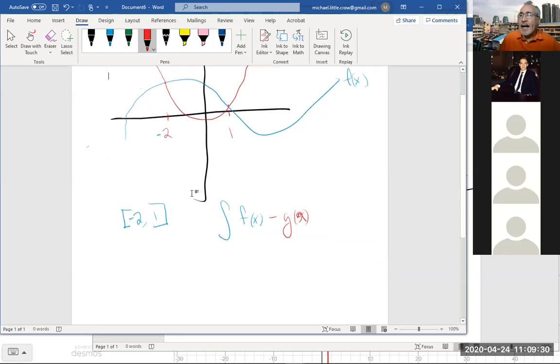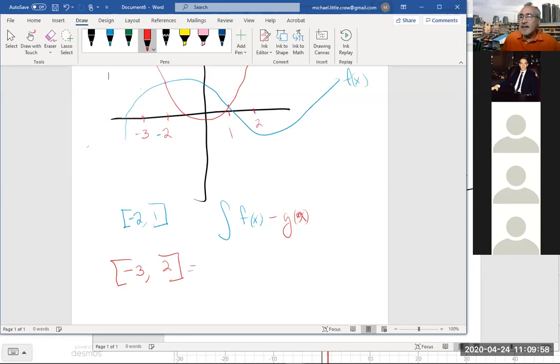So had they asked, and again, they could have done this differently, they said, well, what about the interval from -3, let's just be obnoxious, and go to 2, okay? This one's actually going to have 3 different intervals, right? Because here's -3, here's +2.